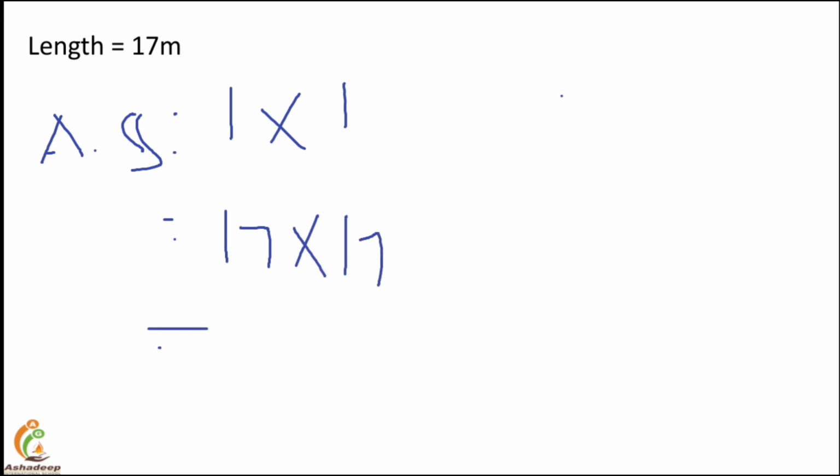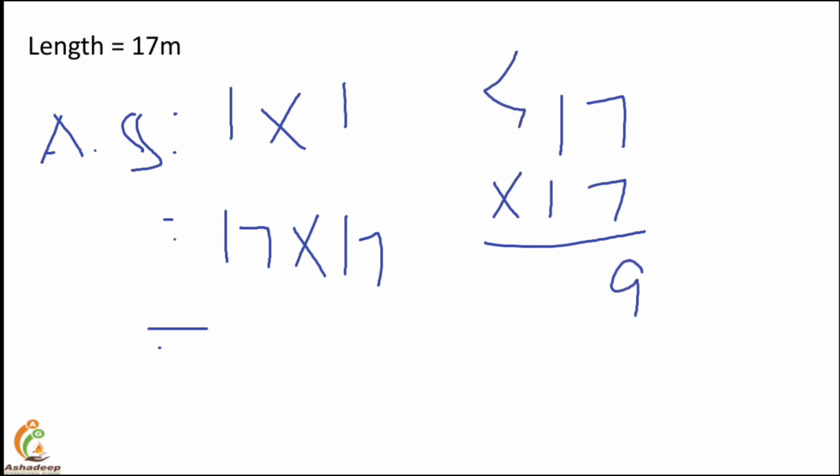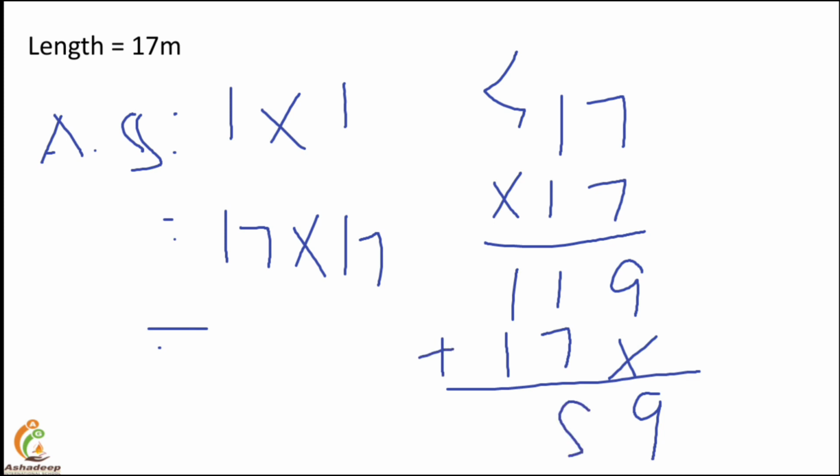If I multiply for you, 7 sevens are 49, 4 carry, 7 ones are 7 plus 4 is 11, cross will be here, 1 seven is 7 and 1 one is 1, 9 we have, 7 plus 1 is 8 we have, and 1 plus 1 is 2 we have. So the answer will be 289 square centimeter.